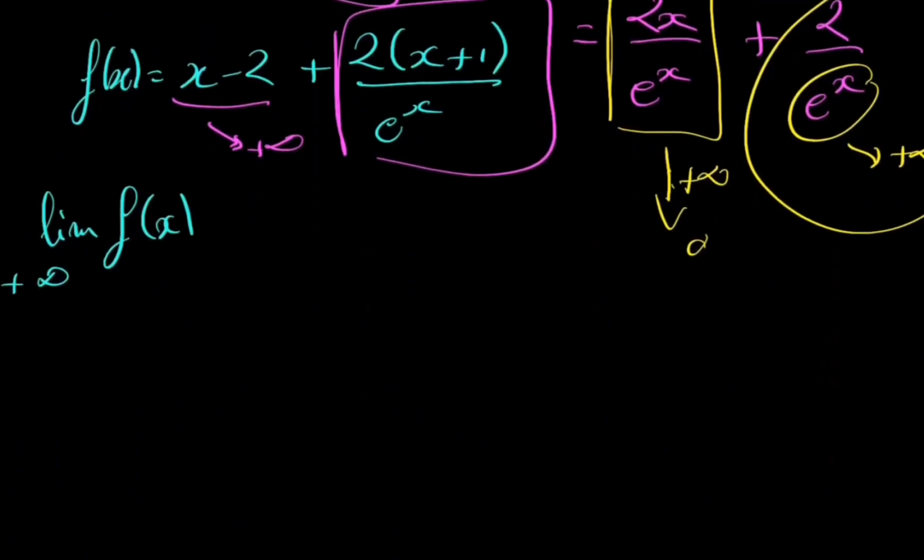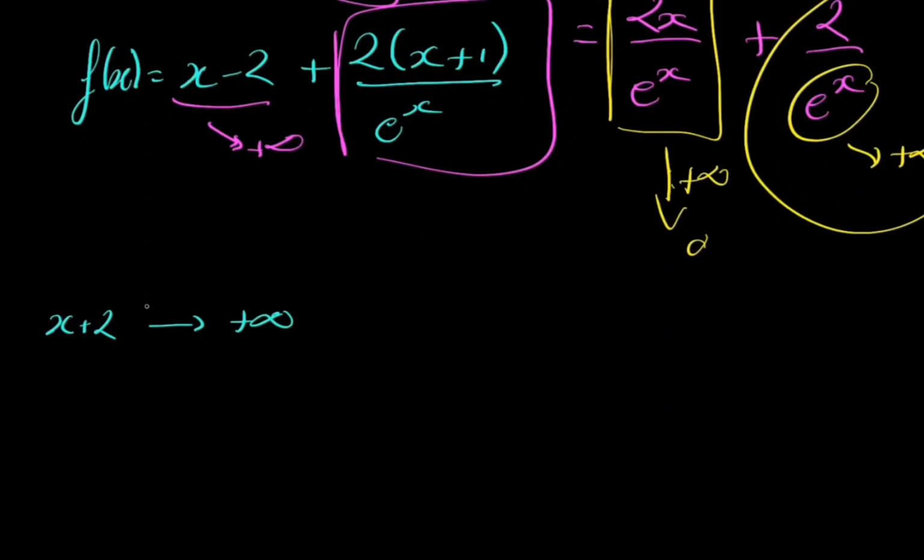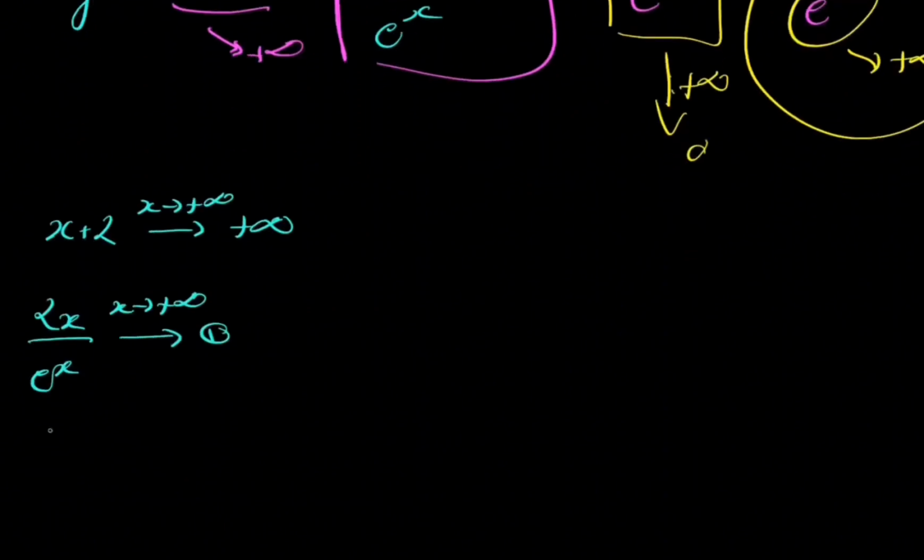So, let's write it down clearly: x plus 2 tends to plus the infinity when x tends to plus the infinity. We've got 2x over exponential of x that tends to 0 when x tends to plus the infinity. And we've got 2 over exponential of x that tends to 0 when x tends to plus the infinity.